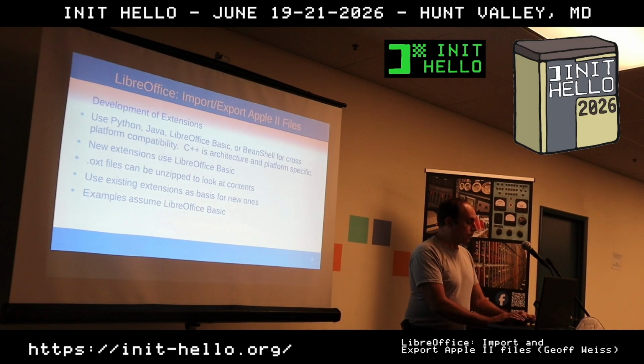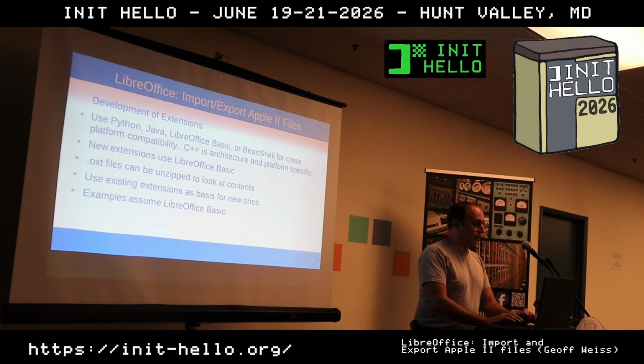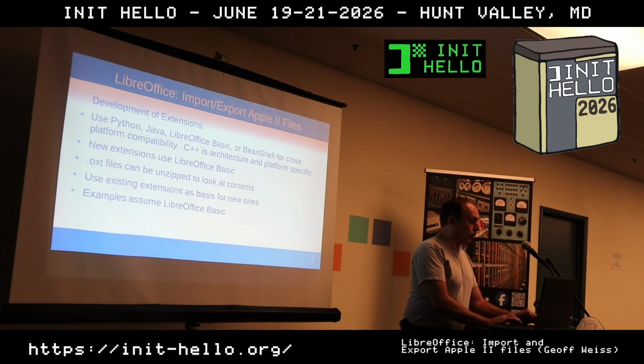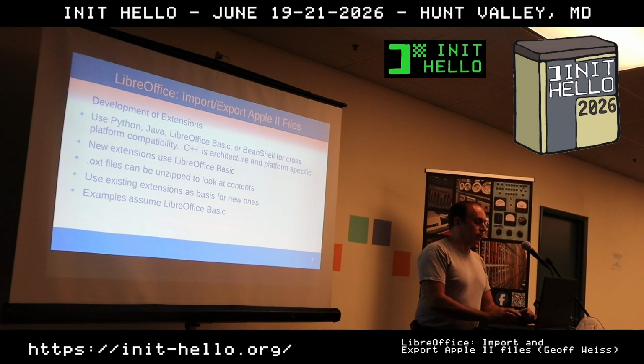So now we'll talk about, for those who are interested in developing extensions to add more stuff with Apple II types than what I have done. There are several languages that LibreOffice will support for cross-platform use: Python, Java, LibreOffice Basic, and BeanShell.